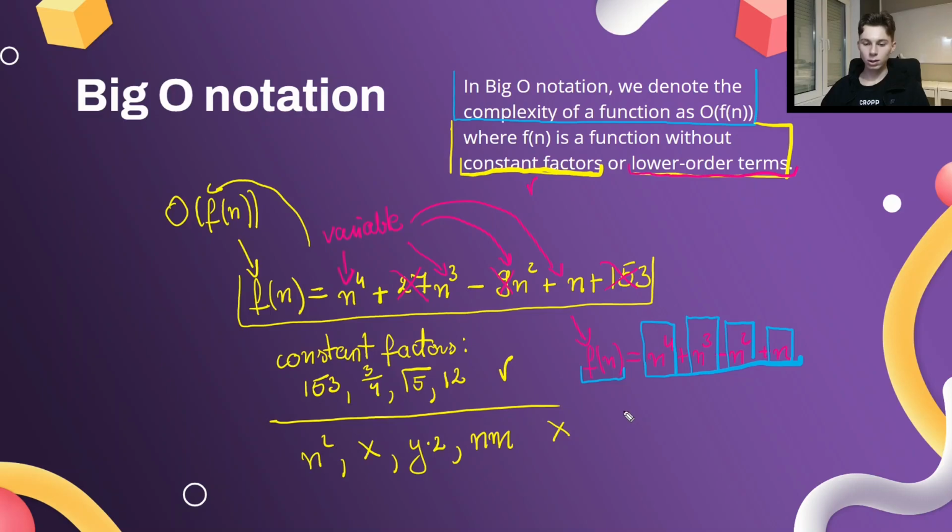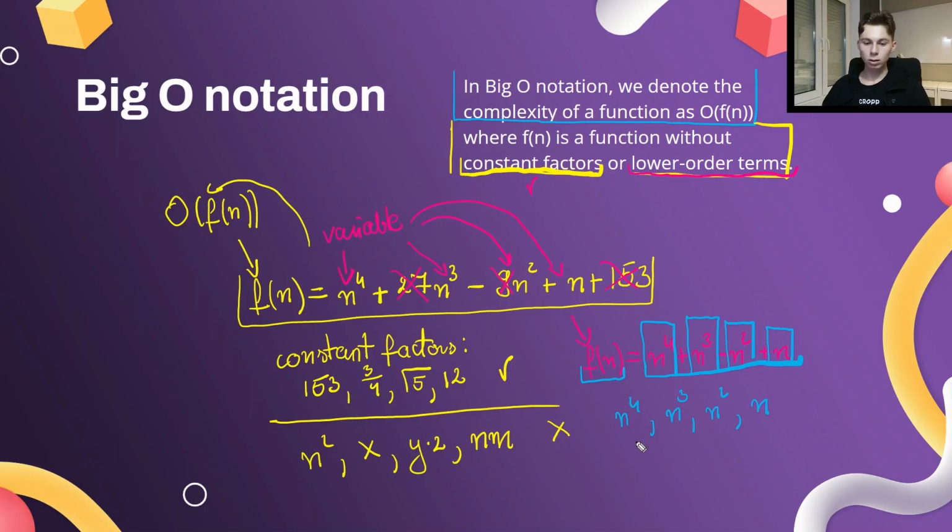We can write them out right here. N to the power of 4, the first term, n to the power of 3, the second term, n to the power of 2, the third term, and n, the fourth term.